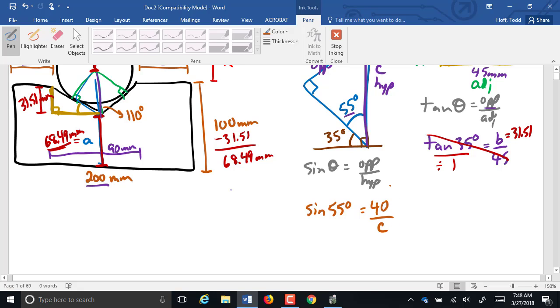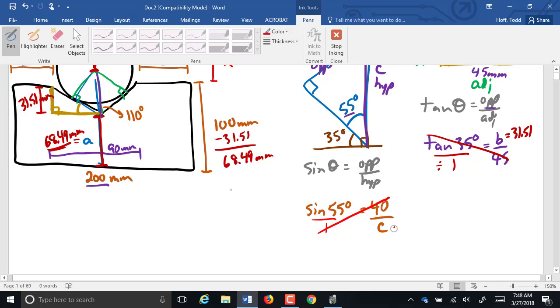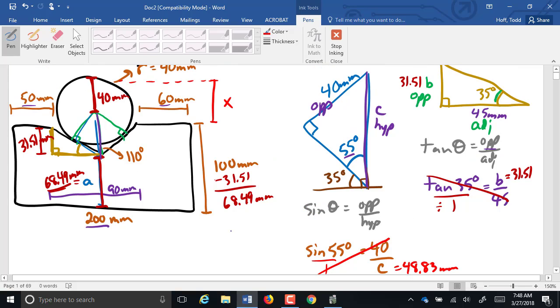No, that's what I'm looking for. I am looking for a side again, so I put the trig function over 1 to make a proportion. Now here that 1 comes into play. It's 1 times 40, which is 40, divided by sine of 55. 48.83. So that's 48.83 right here.